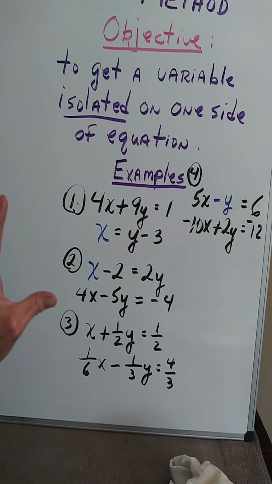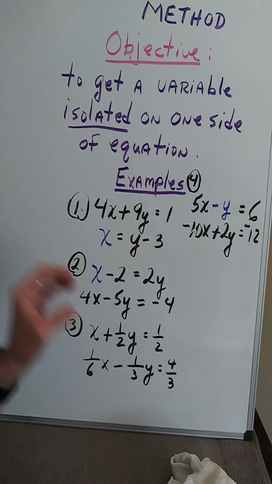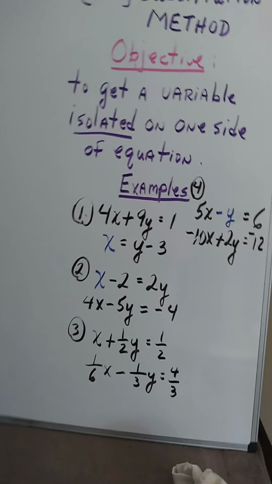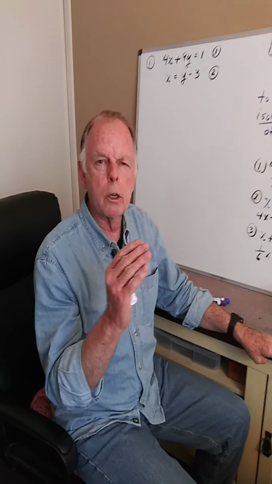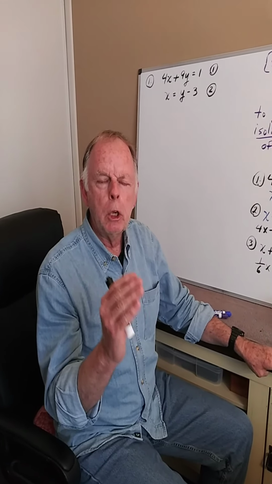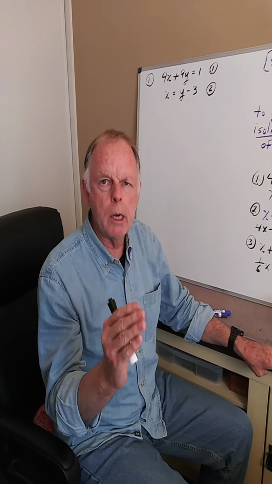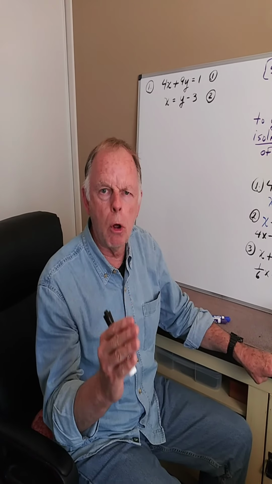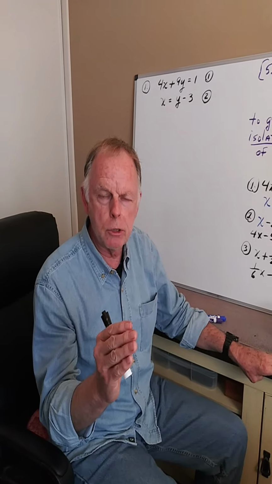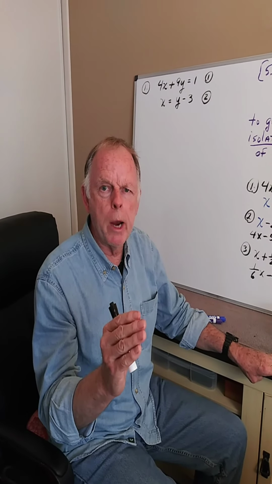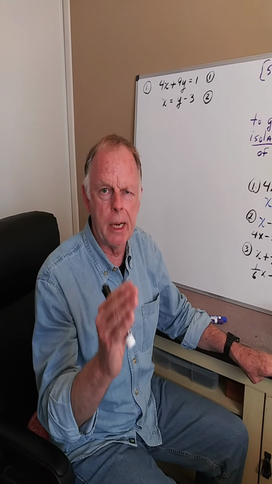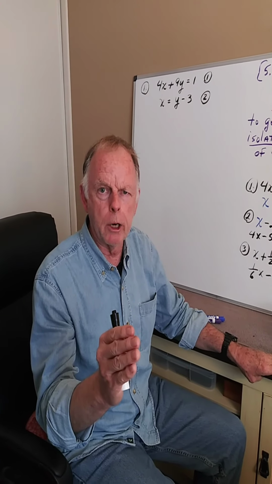Let me make one clear statement before we do number 1. The substitution method works very nicely when one of the equations is already solved for one of the letters, or when one of the equations can be easily solved for one of the letters.